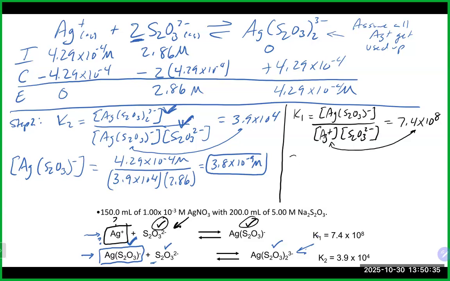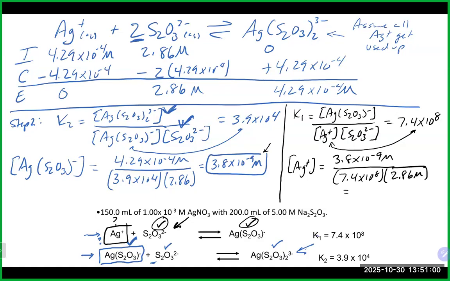And that's going to give me that the silver will equal what we just solved for, 3.8 times 10 to the minus 9, which is this guy, divided by the K value, 7.4 times 10 to the 8, and our 2.86, which is our S2O3 2 minus.